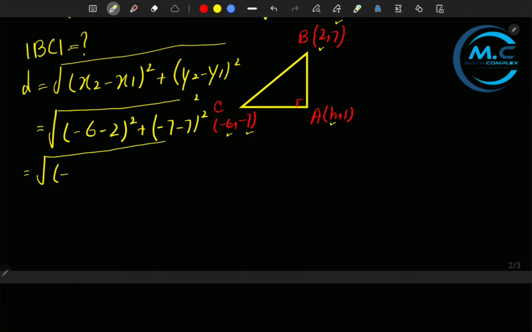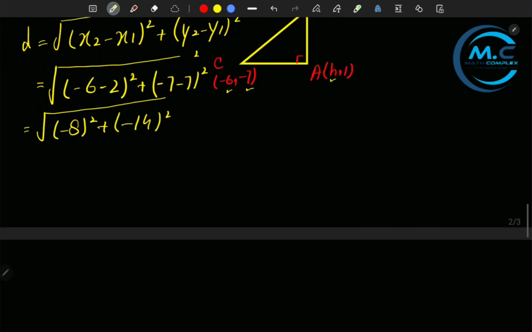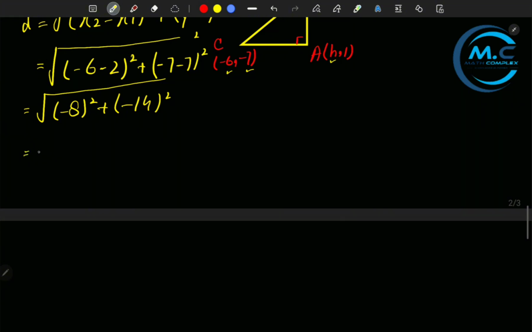This will become (minus 8) whole square, and this will become (minus 14) whole square. After taking the square, minus 8 will become 64, and the square of minus 14 will be equal to 196. This will be equal to 260.